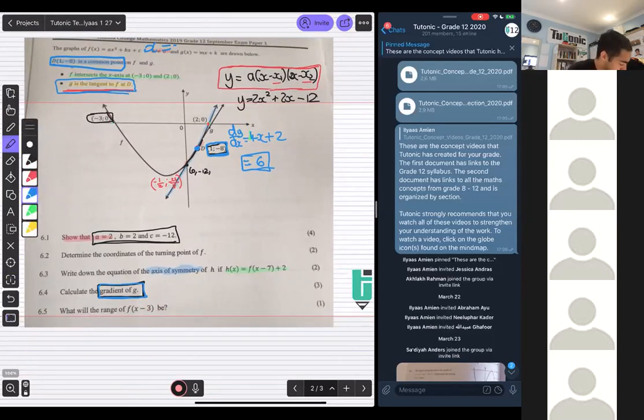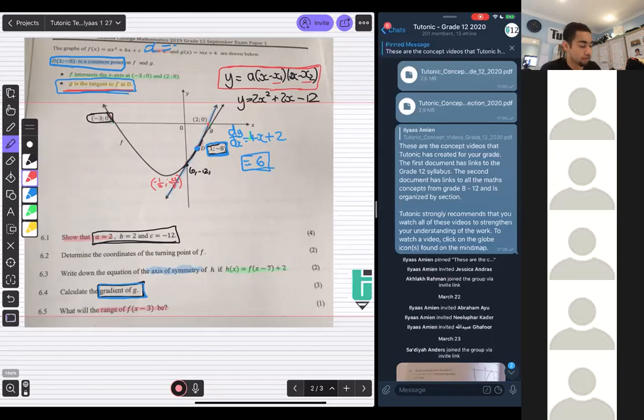So what is range, by the way? Range of the y. What's the definition of range? How would you guys define range? It's all the y values in the parabola. It's better to say all the y values that exist in the graph.